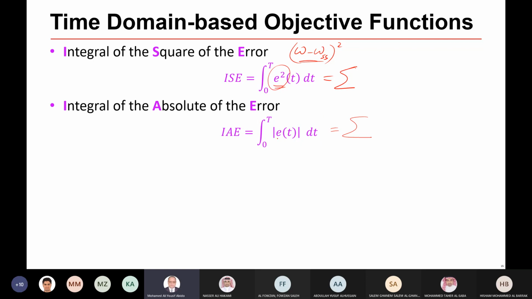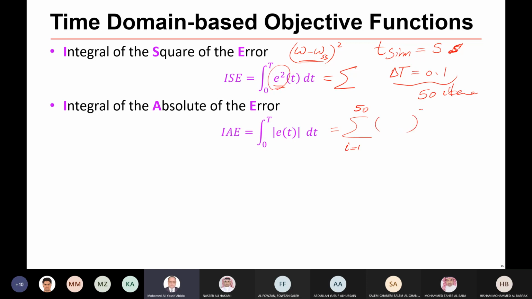When you solve this, for example, you need a simulation time, T simulation, equal to 5 seconds, for example, and you have a step size delta T or sampling time equal to 0.1 second. In this case, you will carry out 50 iterations. So you come here from i equal to 1 to 50 iterations.